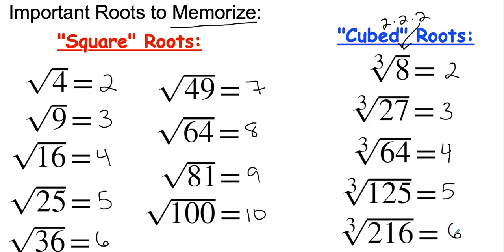So 6 times 6 times 6 is 216. Okay? Those are perfect square roots and cube roots we'll be working with. For the most part, these are the ones we're going to be sticking with. Sometimes we'll get to 12 times 12, so this would be maybe 11 times 11 is 121. Okay, and then the 144, those are numbers we've seen before.